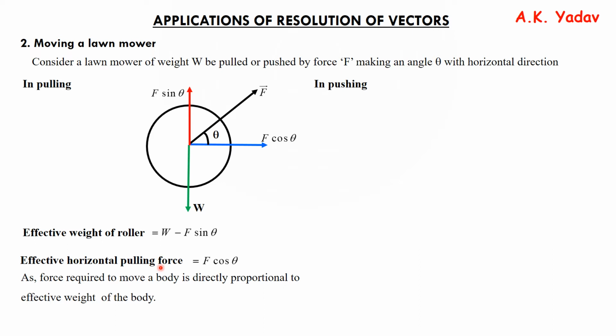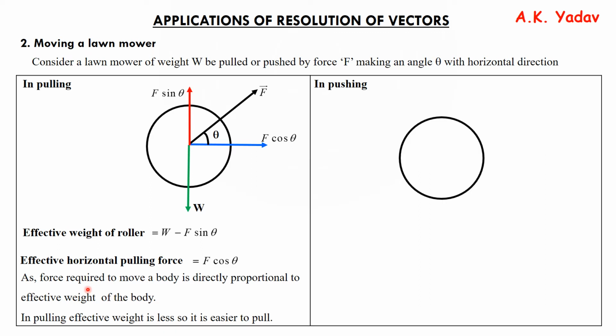As the force required to move a body is directly proportional to the effective weight of the body, in pulling, less effective weight is used, so it is easier to pull. Let's take the case of pushing the lawn mower, weight acting downward. This is the force applied in pushing, making an angle theta.